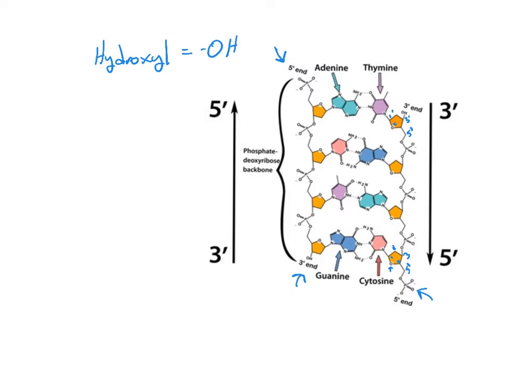And remembering that phosphate is PO4, which would be 4 oxygens. Right, you see that here. This is your phosphate group. This is a hydroxyl group. There's a hydroxyl group. It's always on the 3' end, and there's always a phosphate on the 5' end.